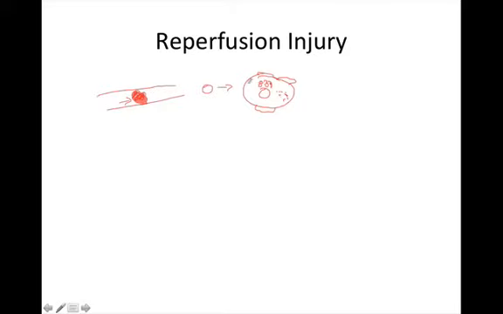But basically what's going to happen here is when blood flow is occluded to an organ, you understand the type of cellular manifestations that are going to occur with this. Now, some of these cells are probably going to die in this situation.